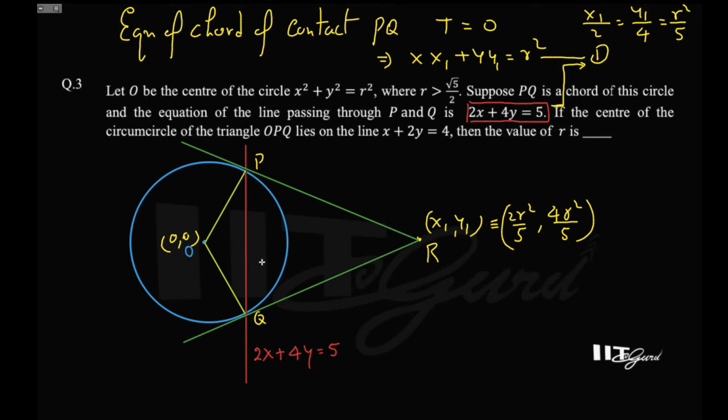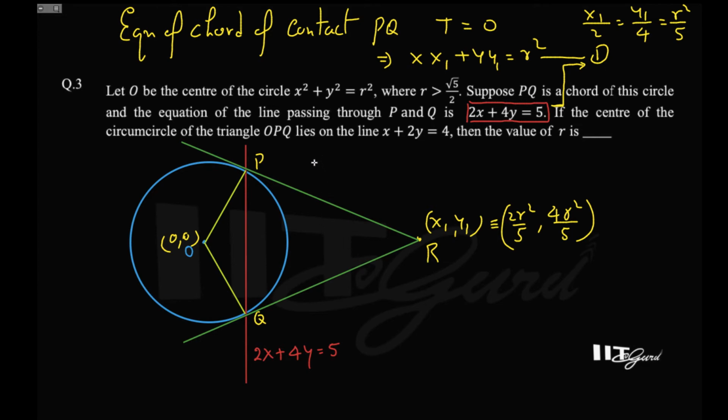In a semicircle the angle subtended is a right angle, so the center of this circumcircle OPQR is the midpoint of O and R.